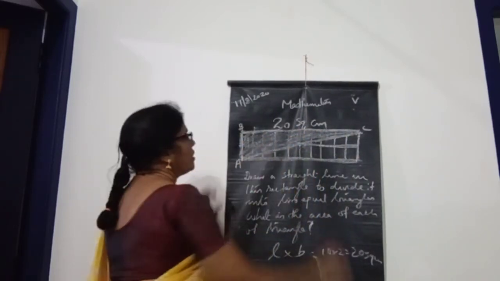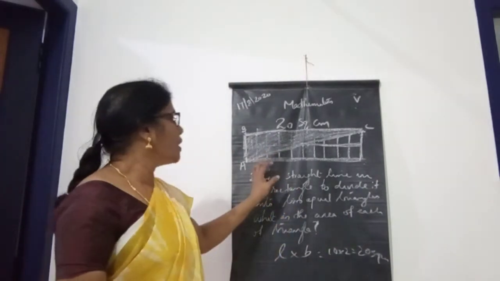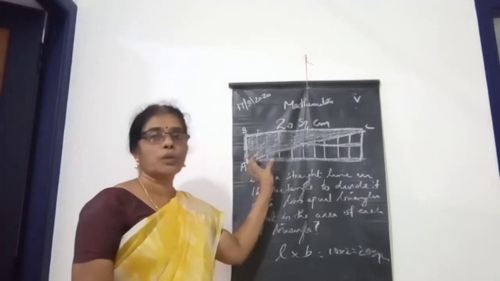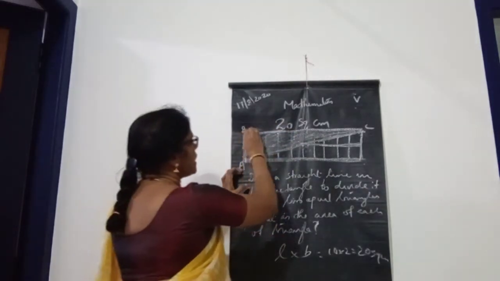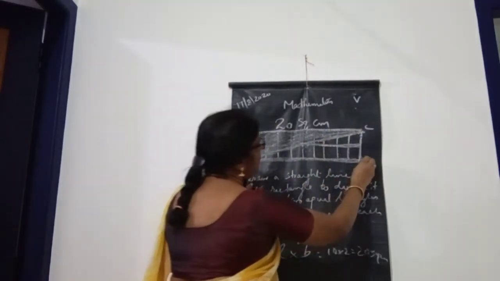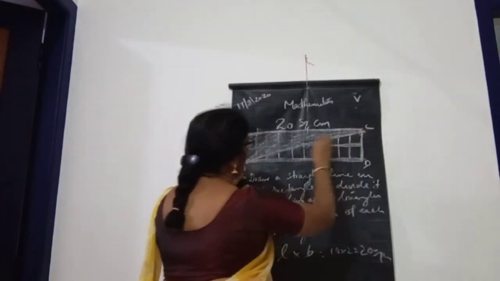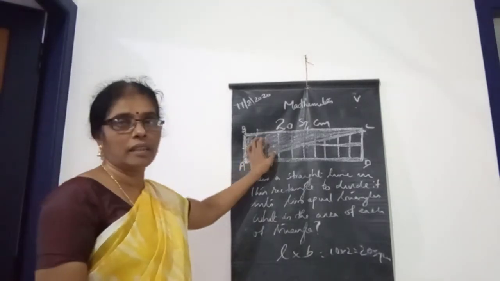If we draw a straight line through the center, then we will get two triangles. One is this ABC, and if we give a name here, another one is ADC. Two triangles we will get here, isn't it?